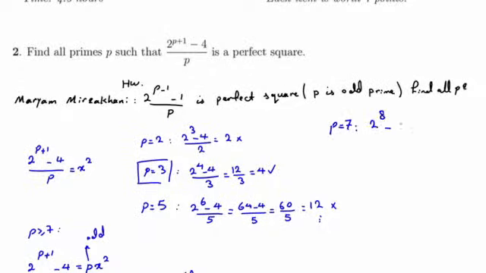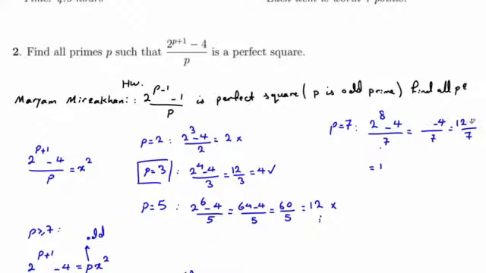2 to the 8 minus 4 over 7. It's a multiple of 4. So you can factorize. I'm sorry, 2 to the 8 is 256.